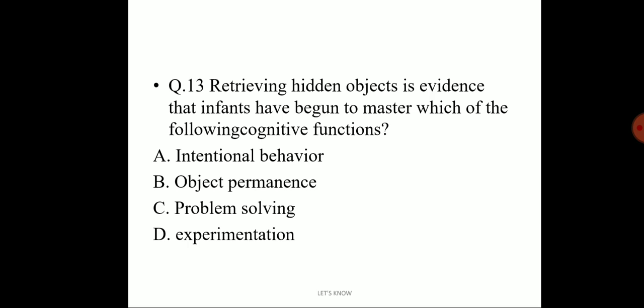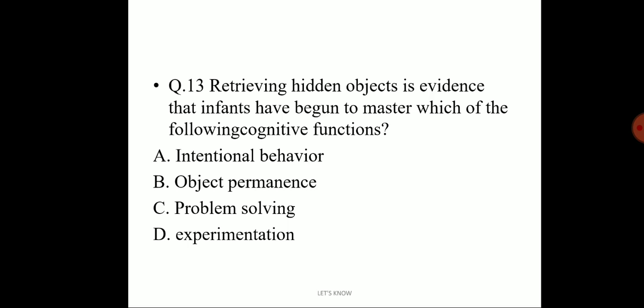Retrieving hidden objects is evidence that infants have begun to master which of the following cognitive functions? Okay, we have learned in the sensory motor stage, which starts from birth to 2 years, object permanence occurs.